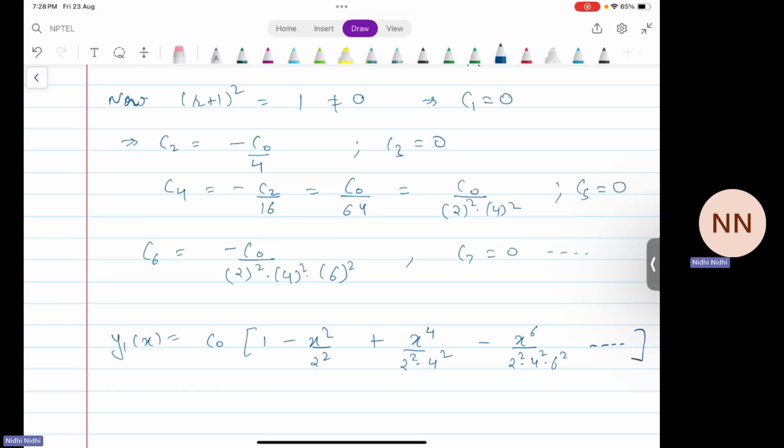Now we'll find the next solution, which must be linearly independent to y1.